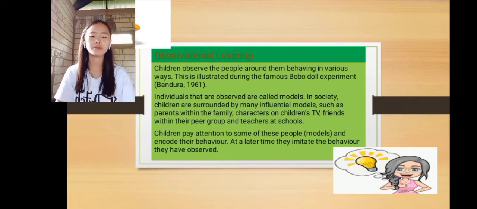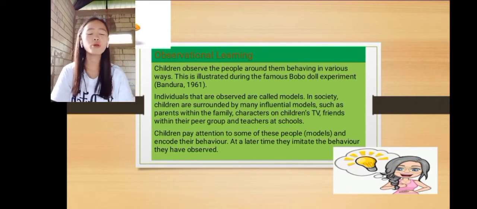Observational learning. Children observe the people around them behaving in various ways. This is illustrated during the famous Bobo doll experiment by Bandura in 1961.